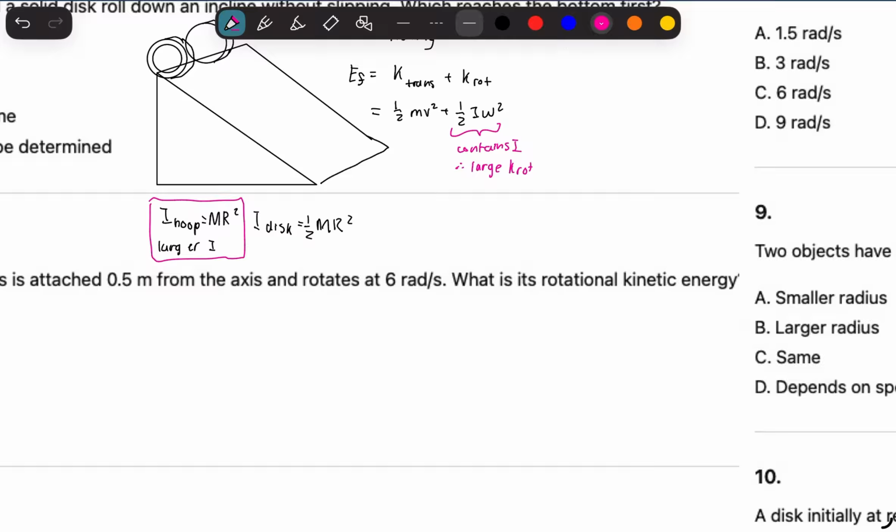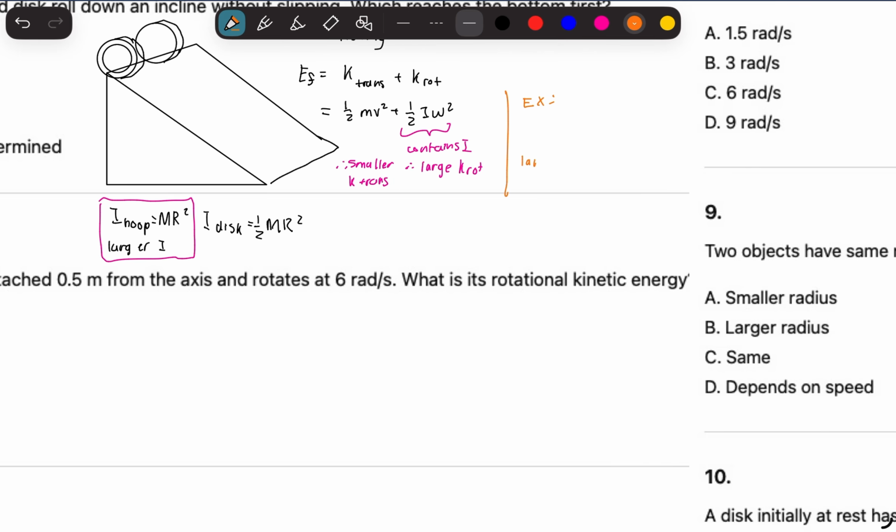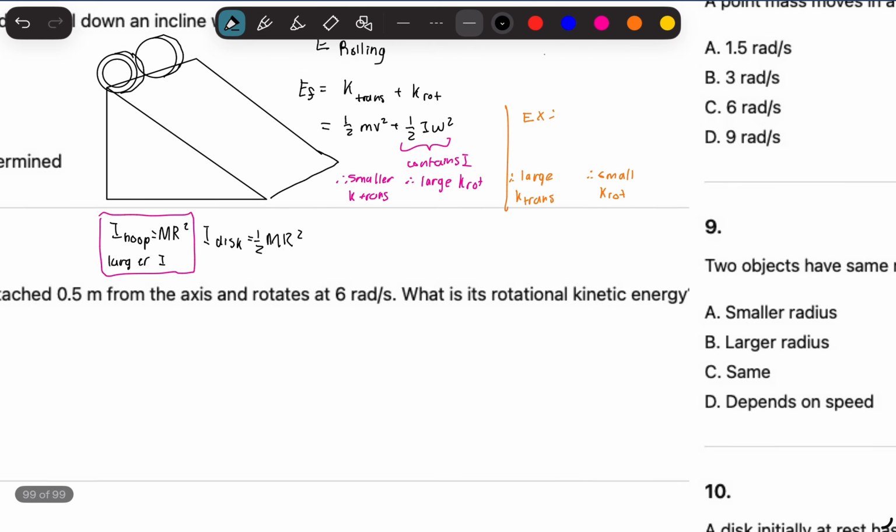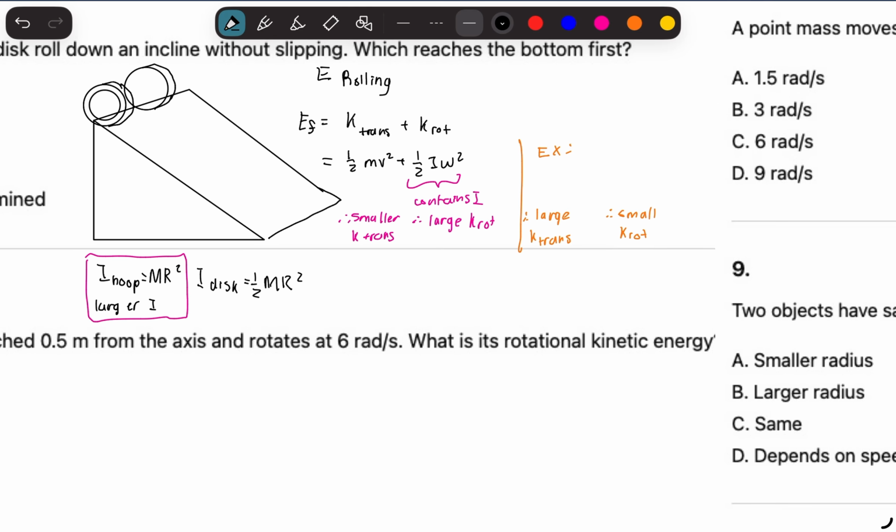So if you have a larger K rotational, that means that you have to have a smaller K translational. And you can do another version where if you have a large K translational, that would mean you have a small K rotational, because you can only have one of them that's large.